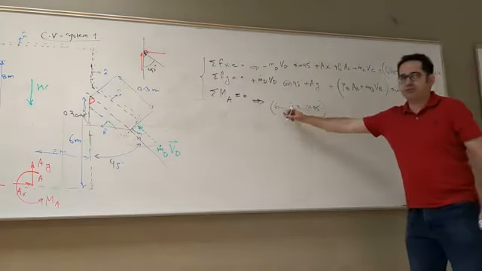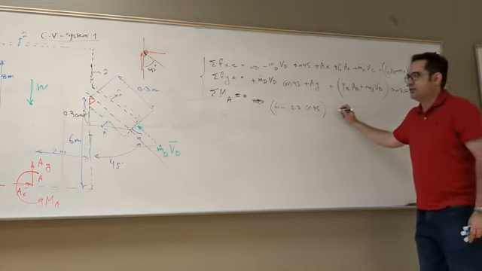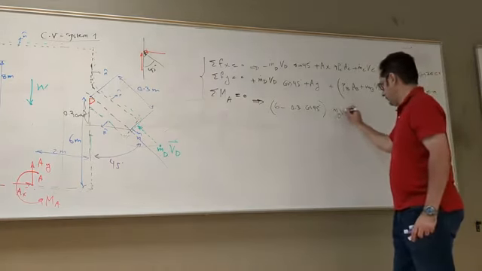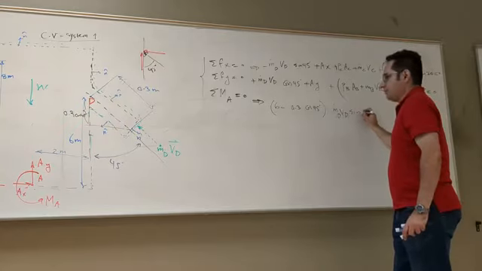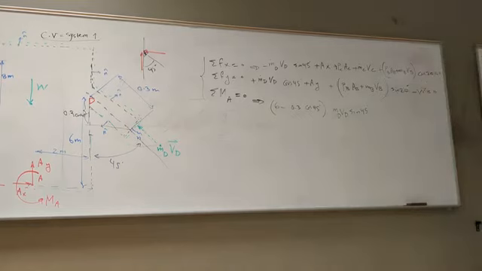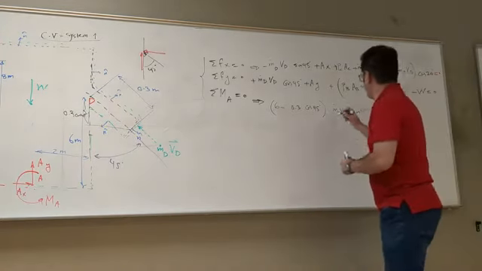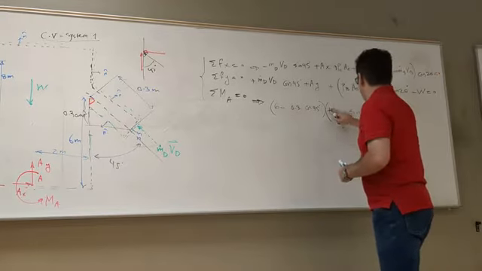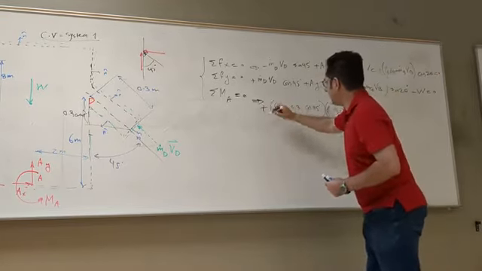So this moment arm times m dot Vd sine of 45. Thank you. Positive or negative? That would be positive, because it's going up, a counterclockwise rotation. So this is in fact a multiplication, and the entire thing is positive.